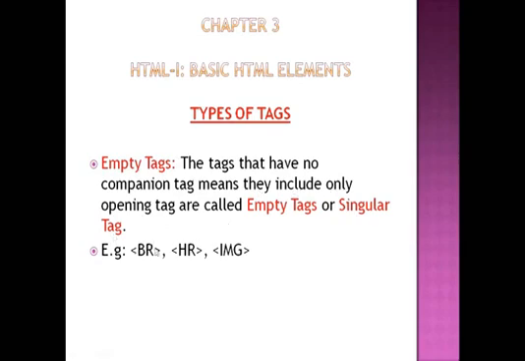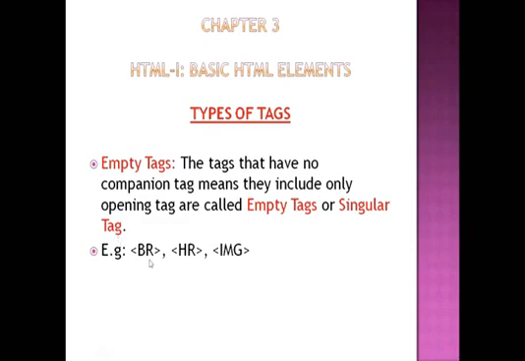Now in HTML, we'll find some tags that do not have any ending tag or closing tag. So they have only an opening tag. That means that type of tag does not need to end with a slash. So that type of tag is considered an empty tag, or we can say a singular tag.